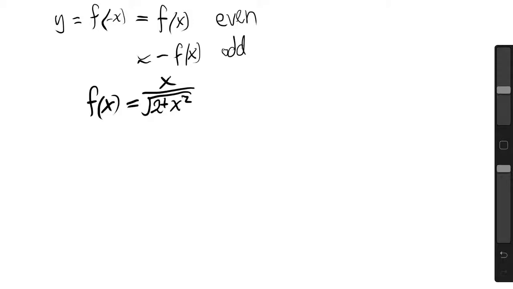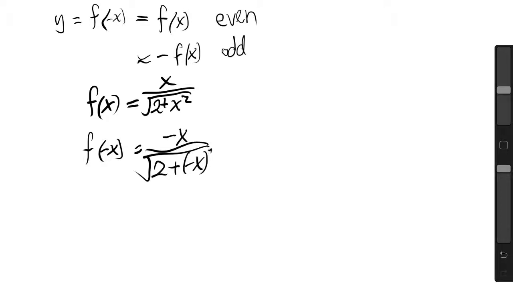Now we need to put a negative x into the function, which gives me f of minus x is equal to minus x over the square root of 2 plus minus x all squared, which gives me just minus x on square root of 2 plus x squared.